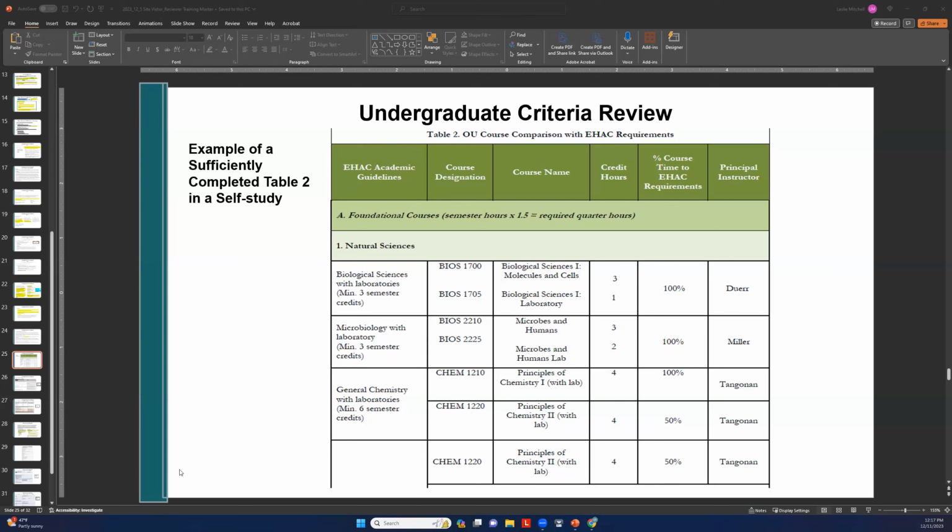So here for the biology and the chemistry, that's going to be 100%. On this one, they've got 2 different, looks like principles of chemistry lab. It's hard to see on my cell phone. Next slide, please.